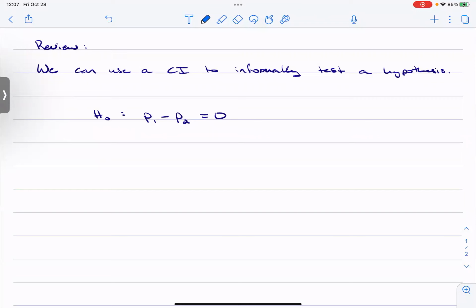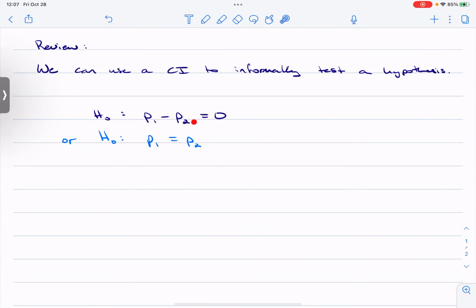Or just to give you another option, if P1 minus P2 equals 0, you could write this as P1 is equal to P2, which I prefer, just because I find that it makes it look a little bit cleaner. It's a little bit quicker to grasp, right?